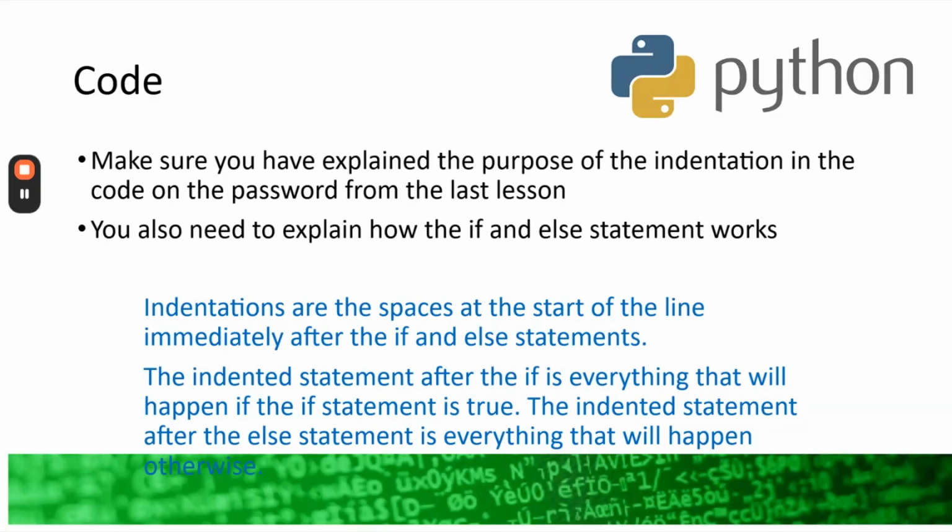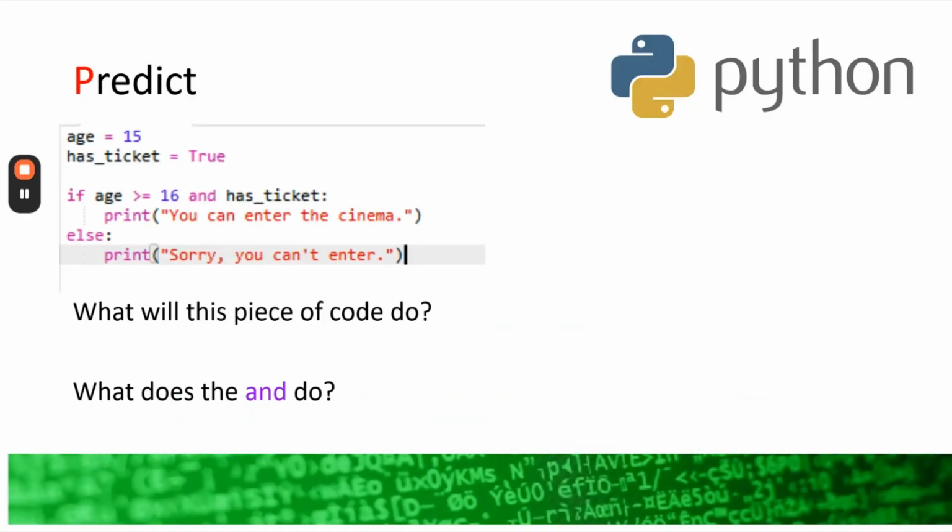Now, let's do another one of these predict type questions, and let's work through some more of those answers. So if we have that as a piece of program code, what will it do? And what does the and do? So in response to that, what that's doing is checking, do they have an age that's greater than or equal to 16, and they've bought a ticket?